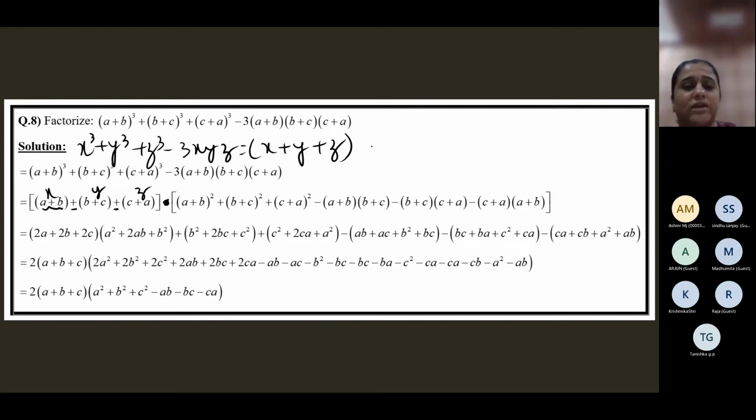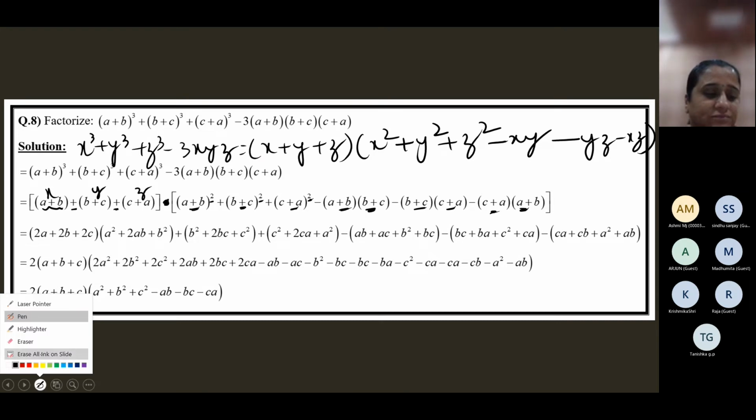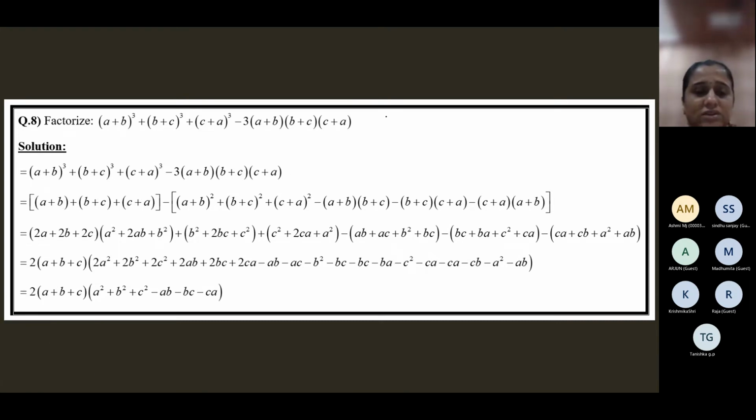Into x square plus y square plus z square minus xy minus yz minus xz. That's all, children. We're just factorizing using the identity.